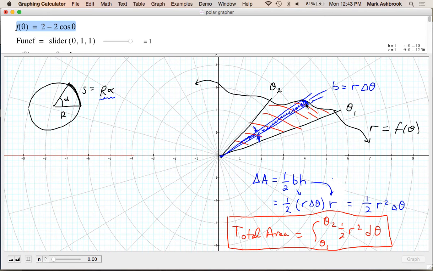When you're doing the actual problems and trying to figure out how to set these integrals up, it's going to be really helpful to think in terms of this. Every sliver has its vertex at the pole. And those are going to sweep out counterclockwise through your region. And then the base of those slivers is tracing along the curve.